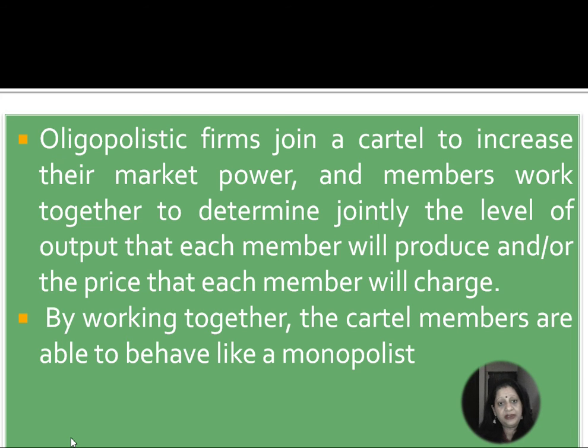That means oligopolistic firms will go for a cartel to increase their market share or their number of customers in the market. If the customers increase, then automatically their profit sharing ratio will also increase. By working together, the cartel members are able to behave like a monopolist. After a certain period of time, they used to act like a monopolist.